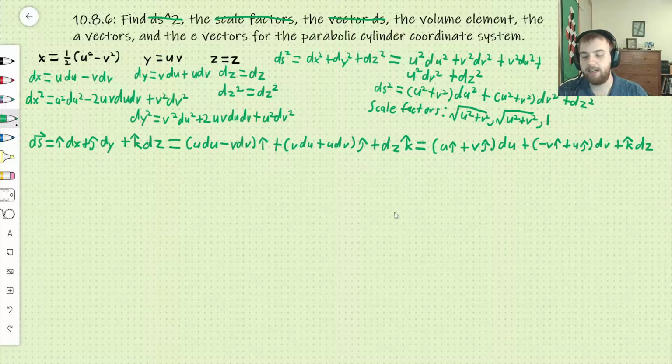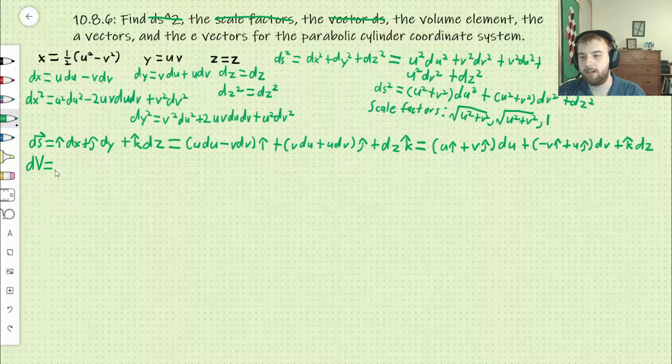As far as finding the volume element, our dV is a large V for volume instead of little v for variable. It's our scale factors times our elements.